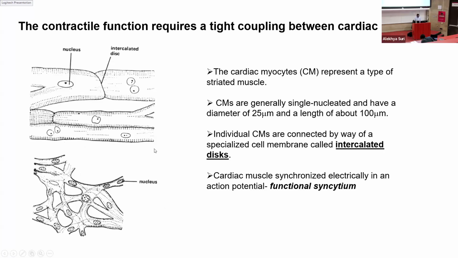In skeletal muscles, the cells are fused together and form a myotube, called a syncytium, and this kind of syncytium is absent in cardiac myocytes. However, they are functionally a syncytium in the sense that the atria contract at one time, and then the ventricles contract at another time. So the atria work together and the ventricles work together.